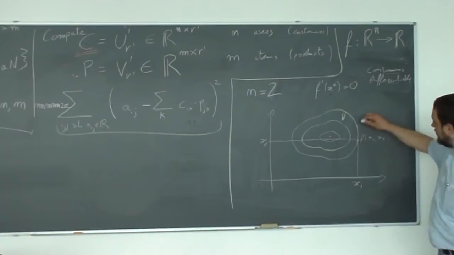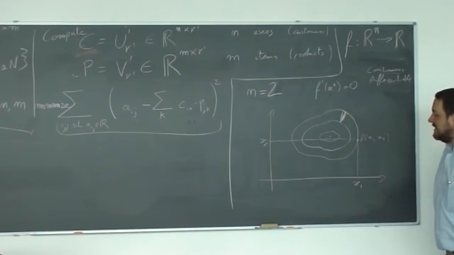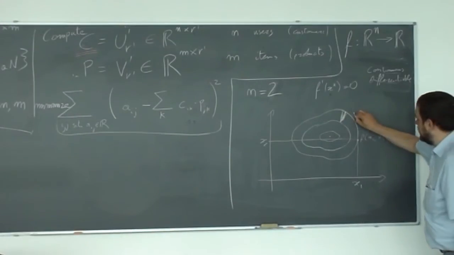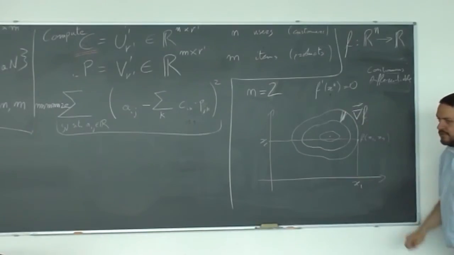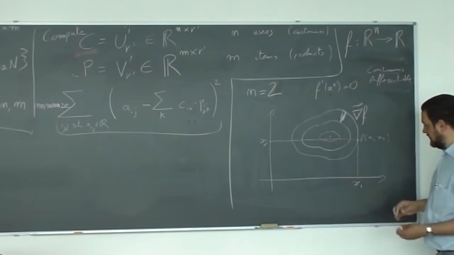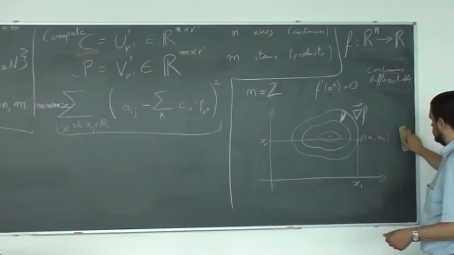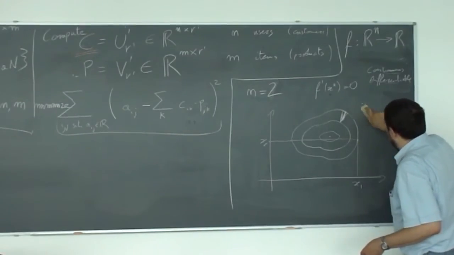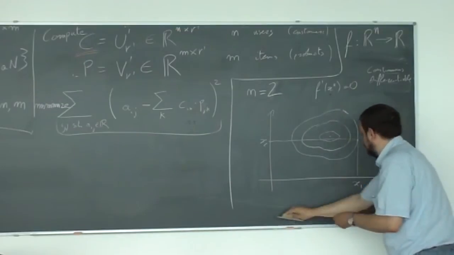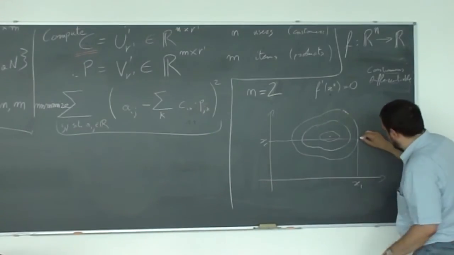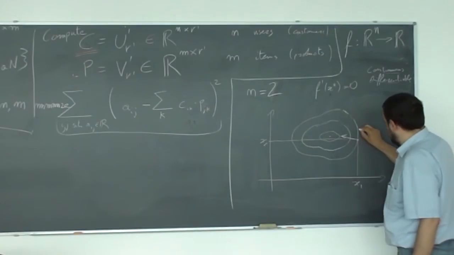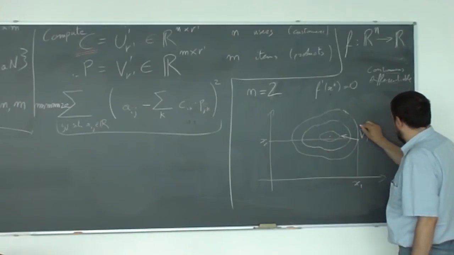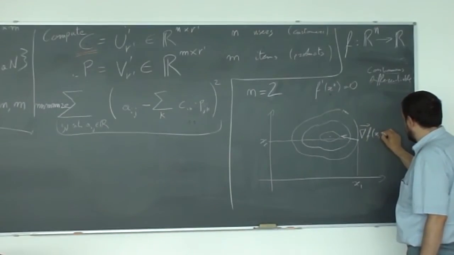And it turns out that the perpendicular direction is given by the gradient of the function at this point. Just a moment. So I already called x1 and x2 this, so this direction is the gradient of the function computed in x1, x2.